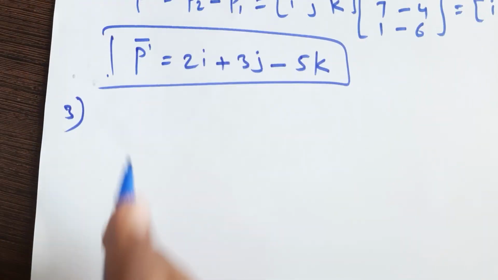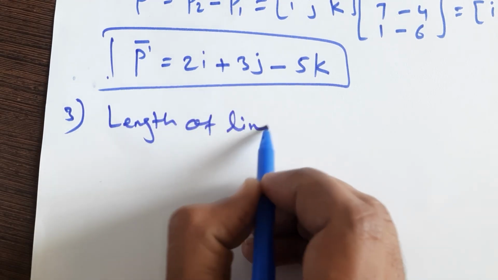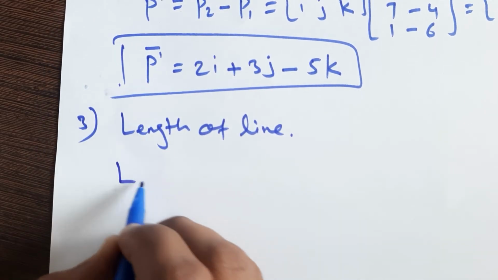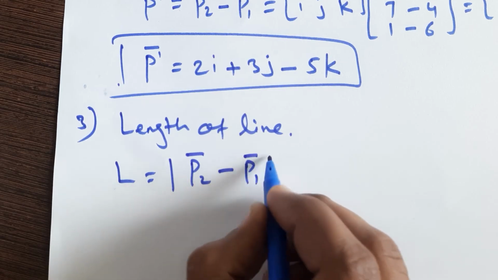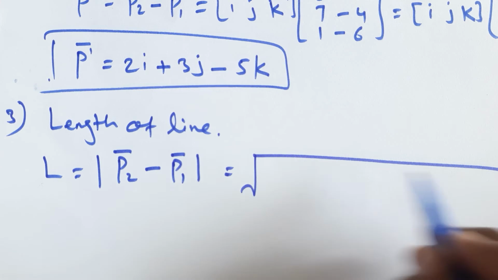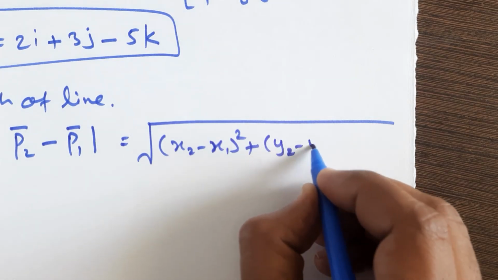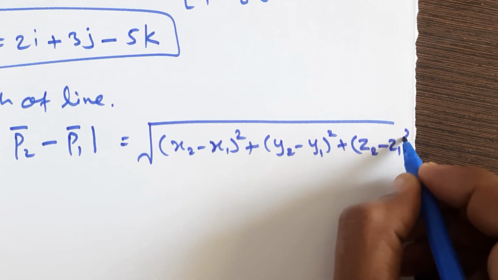Then the third thing that we need to find is the length of line. How to find the length of line? Length is equal to mod of P2 bar minus P1 bar, or we have one more relation: under root of (x2 minus x1) whole square plus (y2 minus y1) whole square plus (z2 minus z1) whole square.